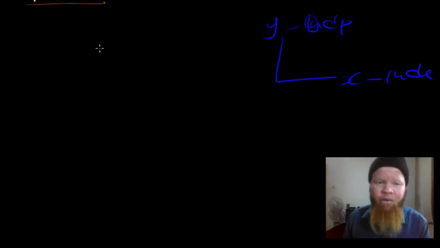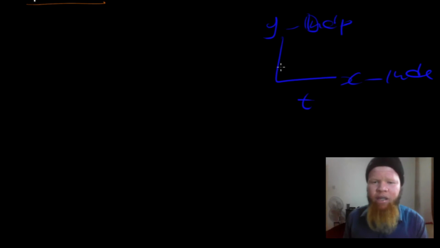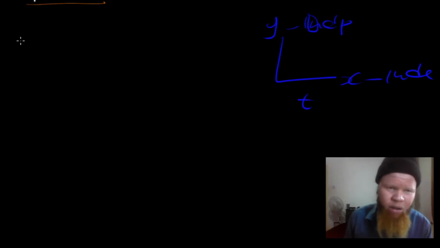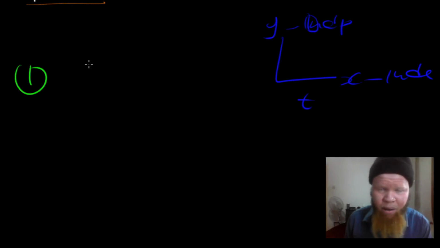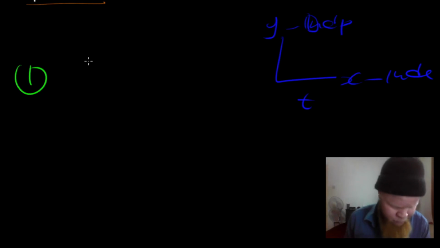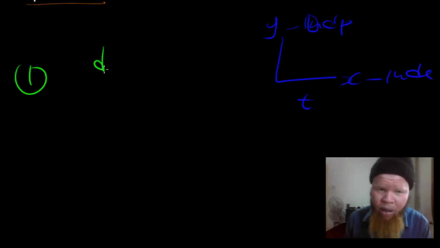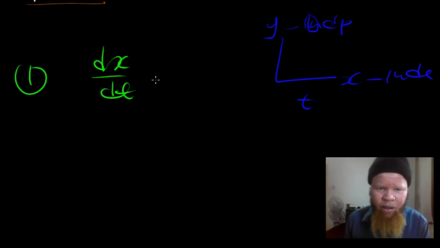But if you have partial derivatives, you may have time also as an independent variable. So y depends on t and also depends on x. You differentiate with respect to one of them, and the other becomes a constant. An example I can give you is dx/dt equals minus kt.